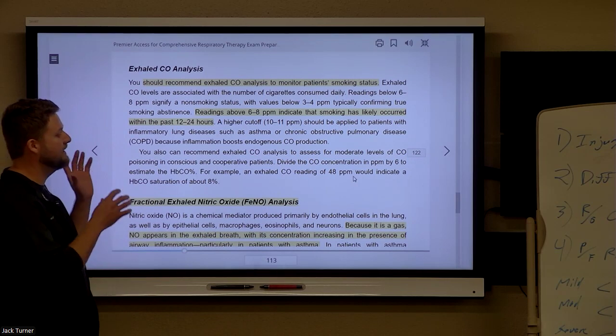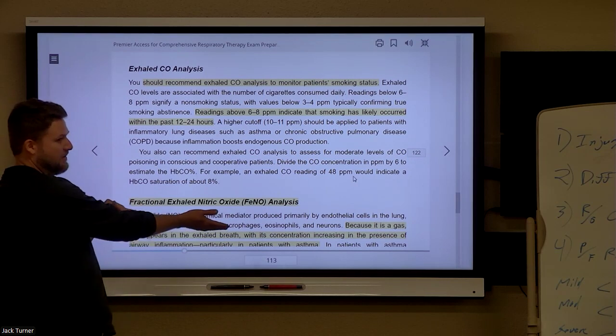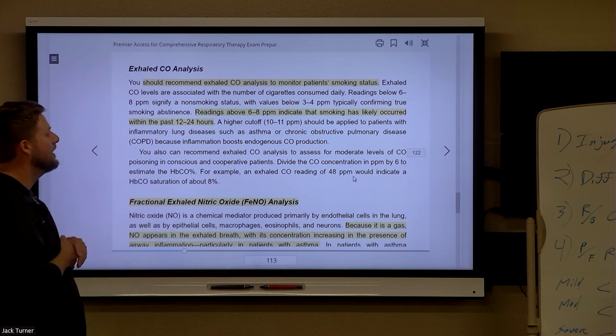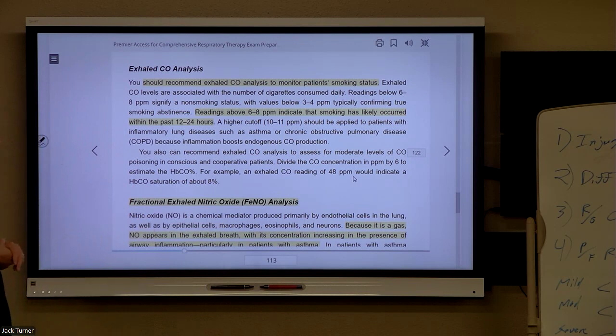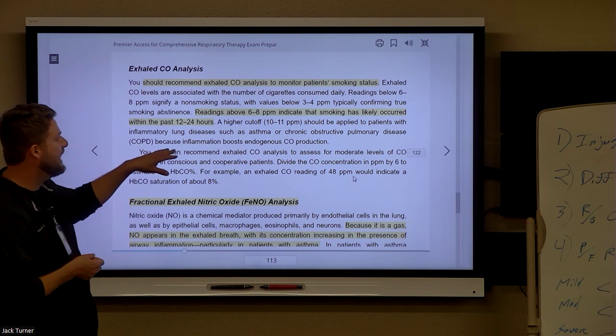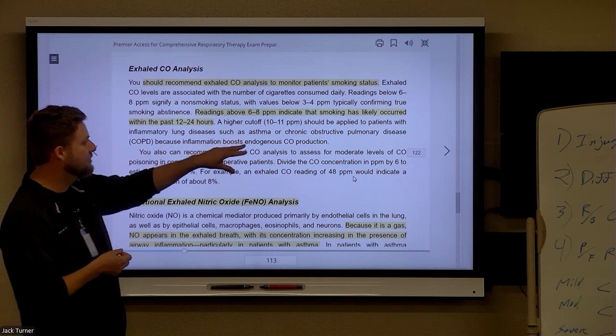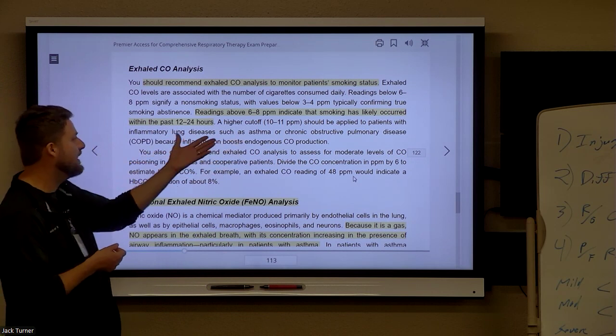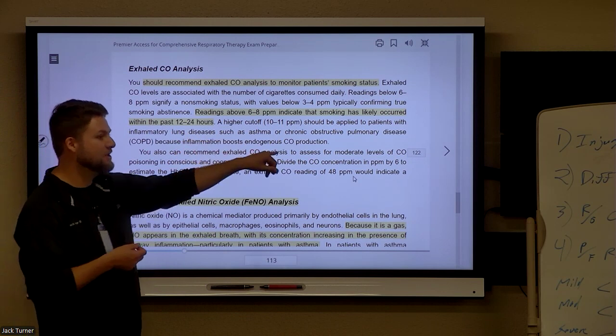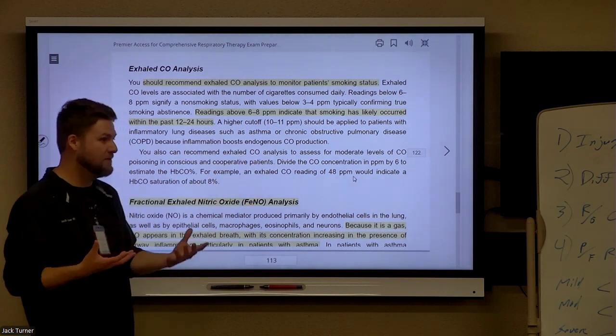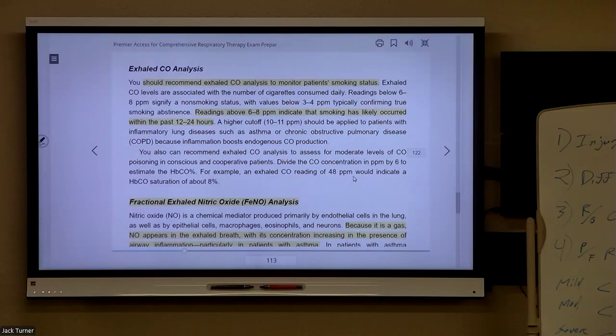Typically, if you're thinking there's an inflammatory response, you're actually going to go to the pheno. But like it says here, with inflammatory chronic obstructive diseases, which is COPD, maybe even asthma, you could have endogenous carbon monoxide just through metabolism and things of that nature. So it could be a little bit higher for them for sure. But typically if you're looking for inflammatory markers, we're looking more at pheno.